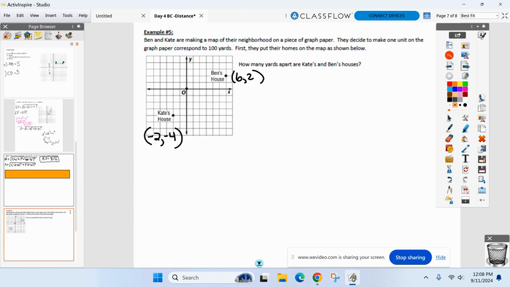I'm not sure what you're doing in the distance formula. You got to plug your x's into the distance formula, your y's into the distance formula.